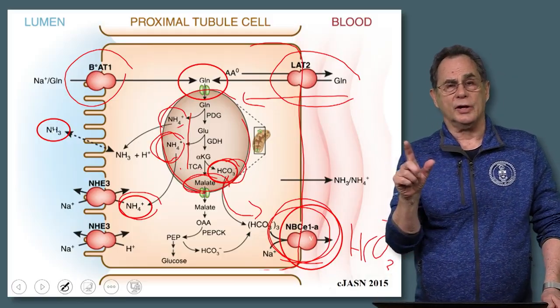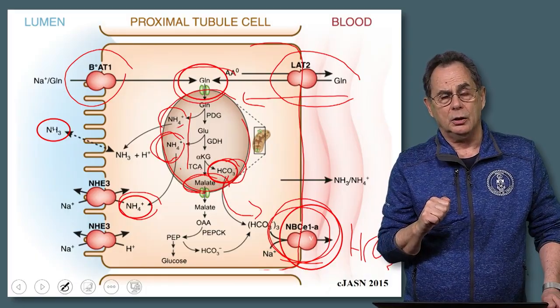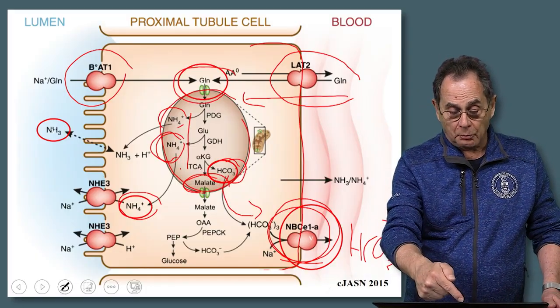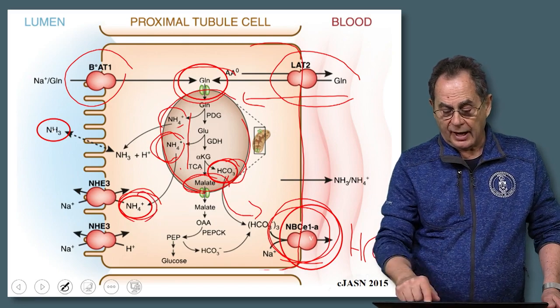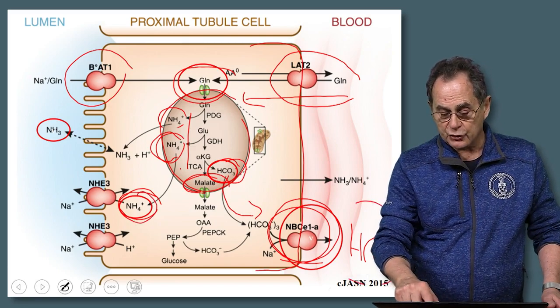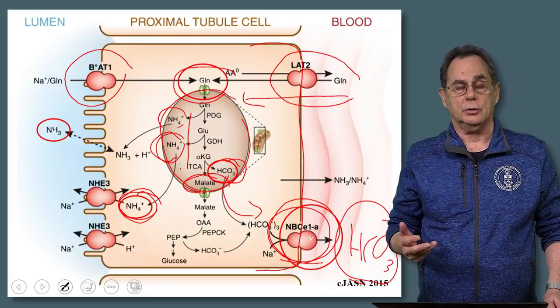So the consequence of glutamine metabolism in a proximal tubule cell, a process termed ammoniogenesis, is to generate ammonium and to increase bicarbonate reclamation or regeneration.